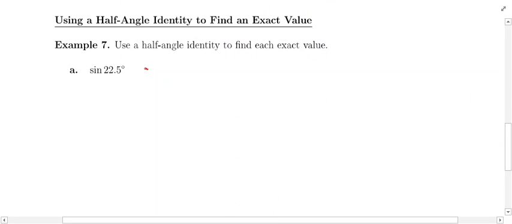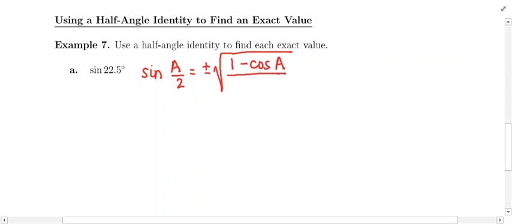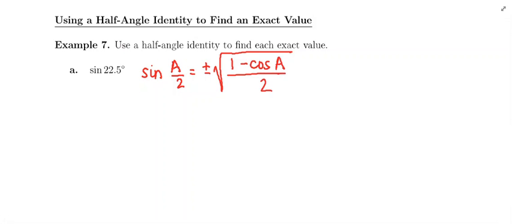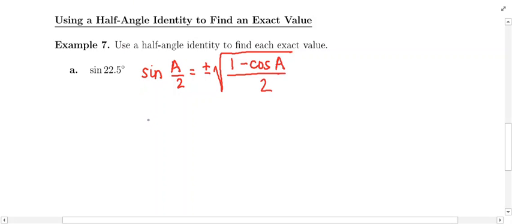We know that the sine of A divided by 2 is equal to plus or minus the square root of 1 minus the cosine of A, all divided by 2. That's what we will be using here. So I'm going to compare this to what I'm trying to find. I'm trying to compute the sine of 22.5 degrees.